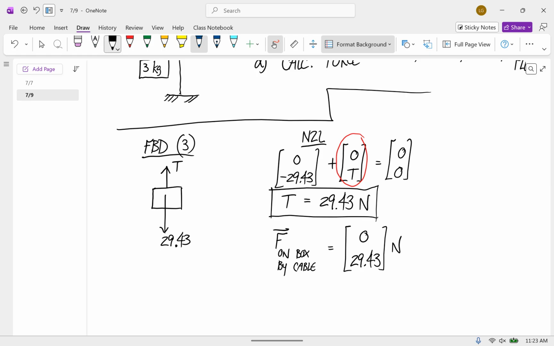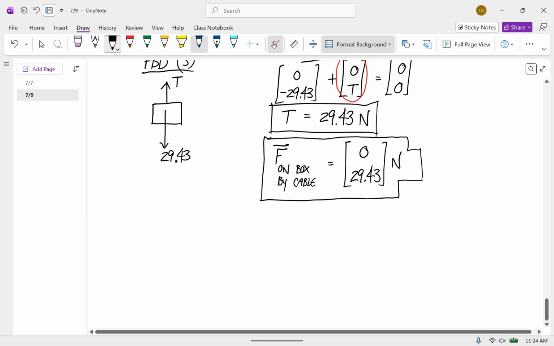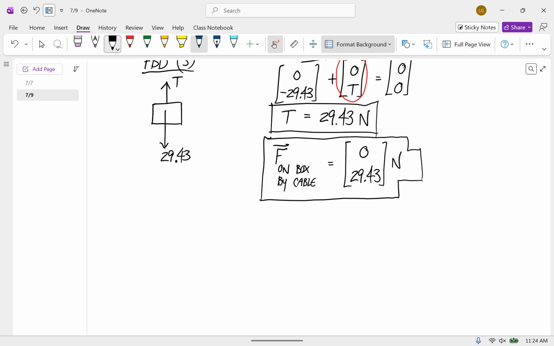Okay, and then the last thing I asked for was the force vector applied to the floor by the cable. Okay, so how are we going to get that? Well, we know that all a pulley does is change the direction of force that a cable applies to bodies attached to it.